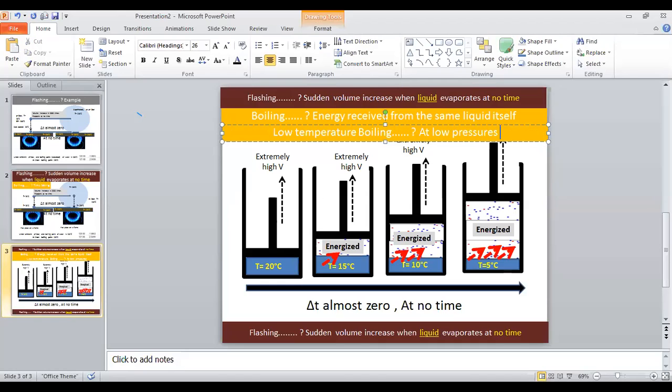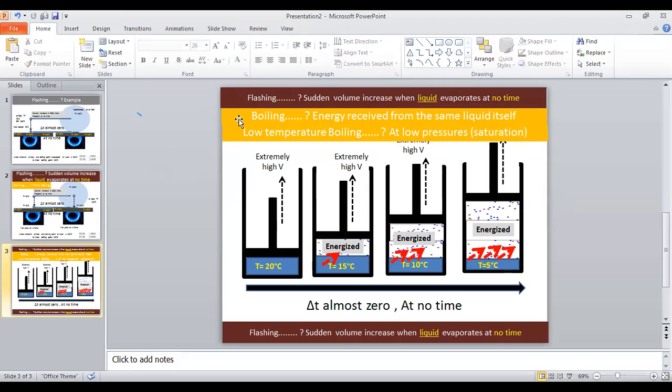What low pressures? Low saturation pressures. I put saturation within brackets.